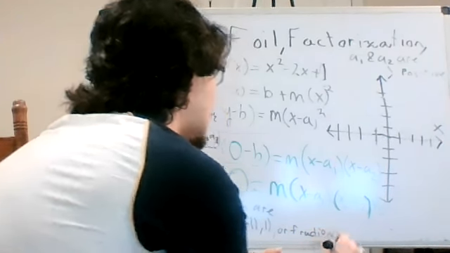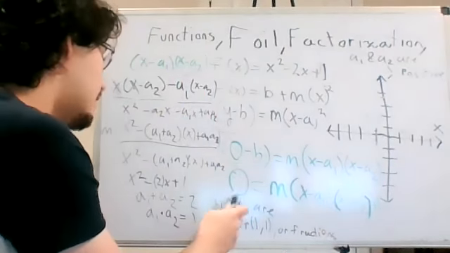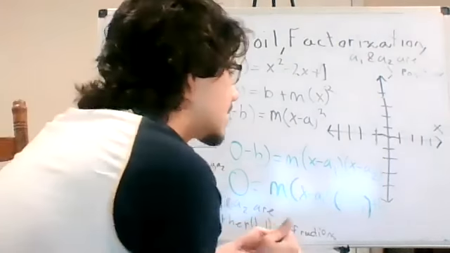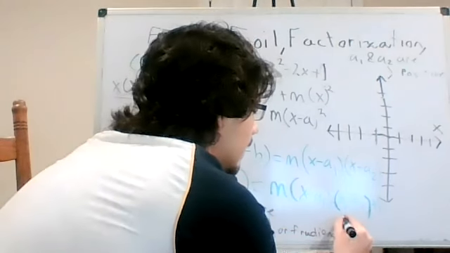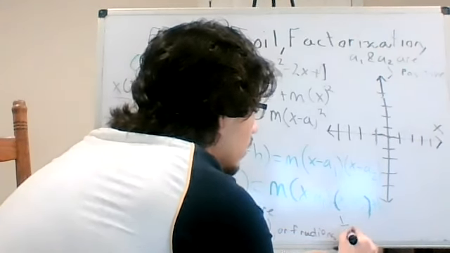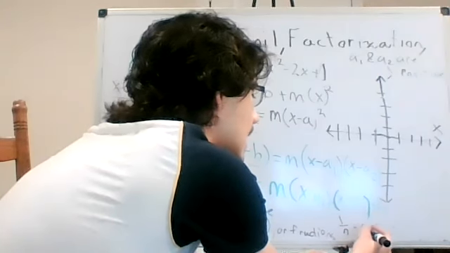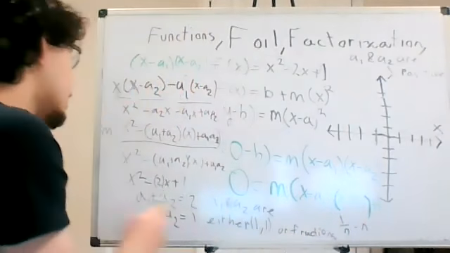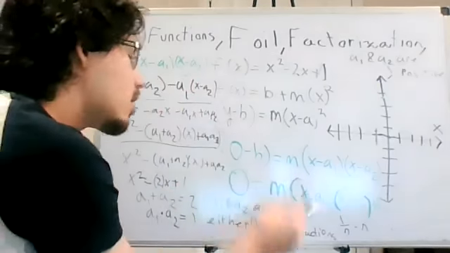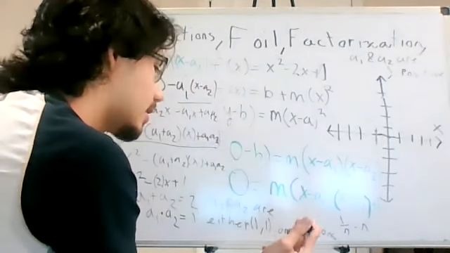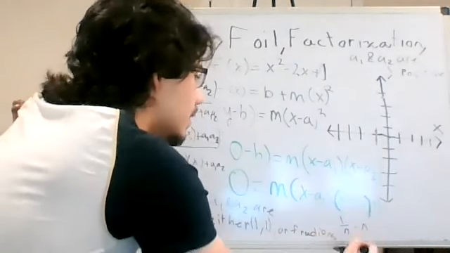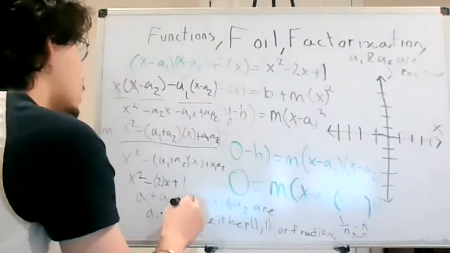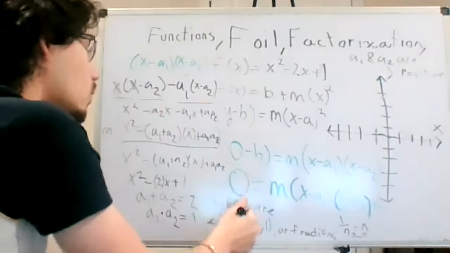And what I mean by that is that if a1 and a2 multiplied by each other equal 1, then you would have to have a fraction, let's say 1 over n, times n, because then you would get 1. But we have the constraint a1 plus a2 equals 2, and no number plus a fraction, if they are the opposites of each other, will equal 2. You can only have 1 and 1.